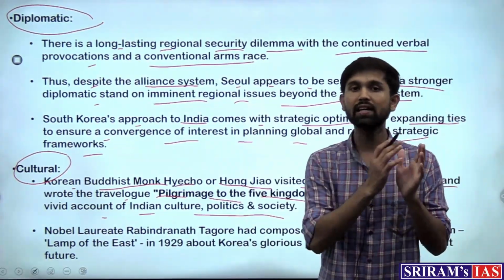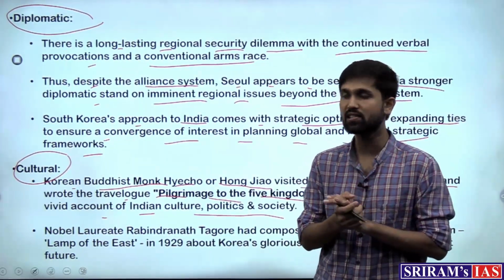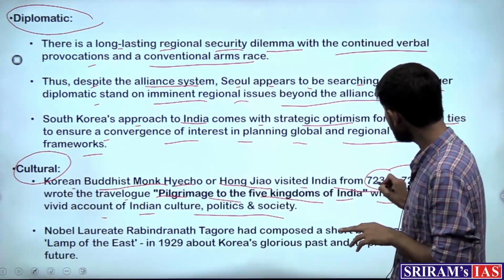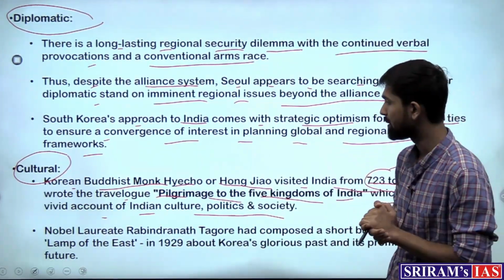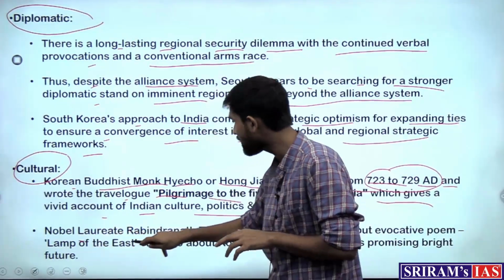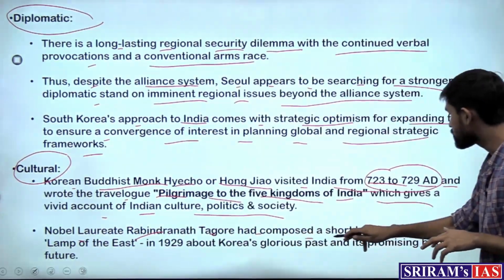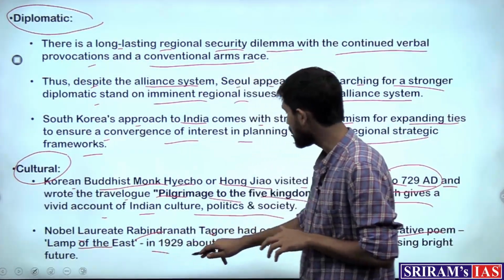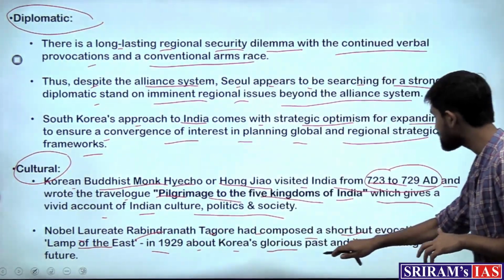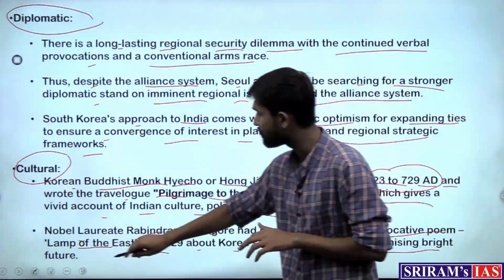This shows the historical ties between India and South Korea. And from India, Nobel laureate Rabindranath Tagore composed a short but evocative poem, Lamp of the East, in 1929 about Korea's glorious past and its promising bright future.